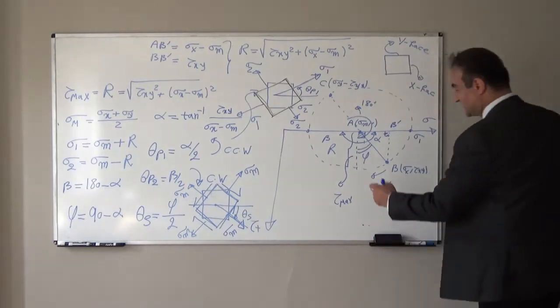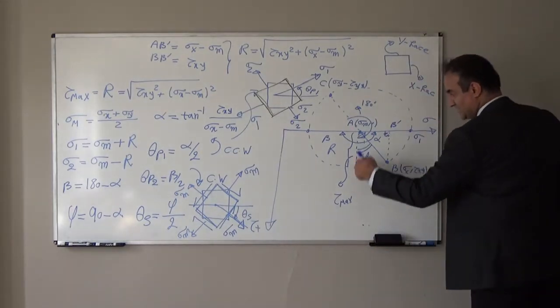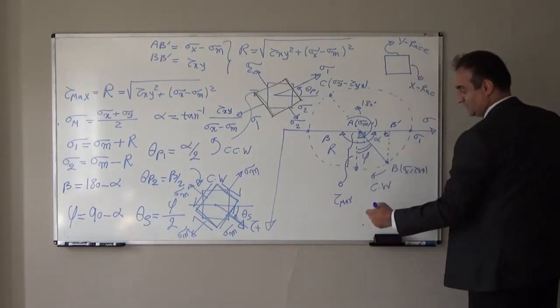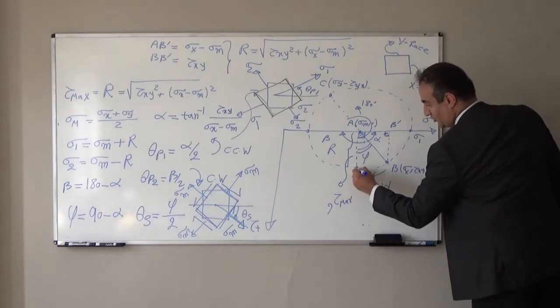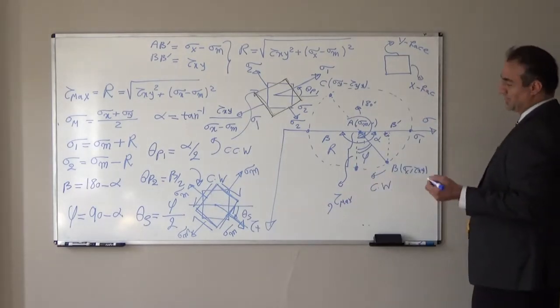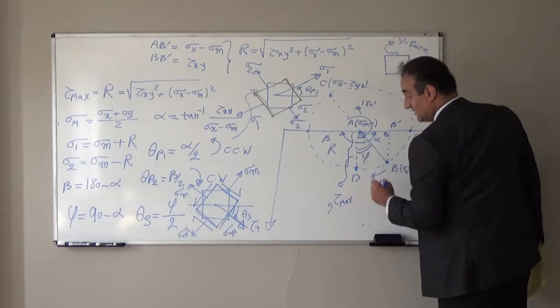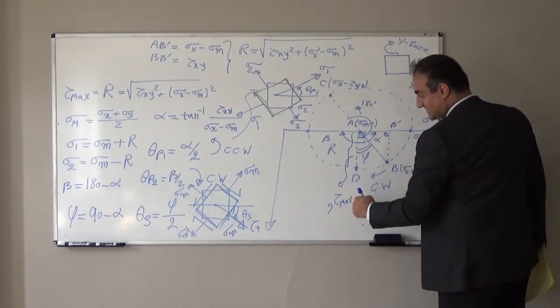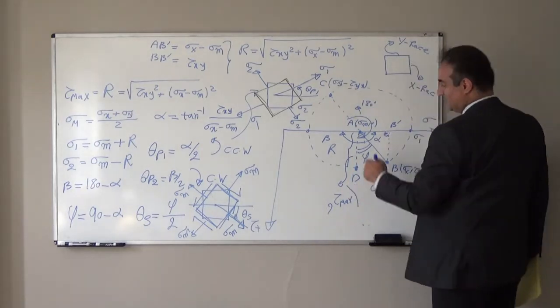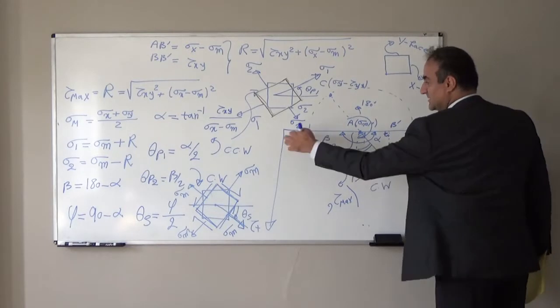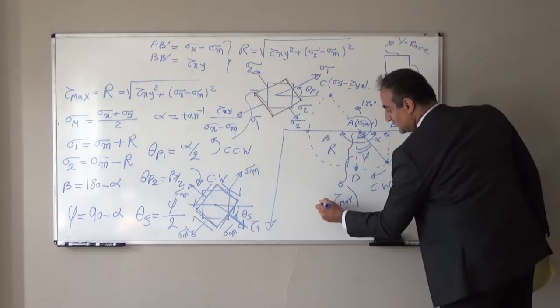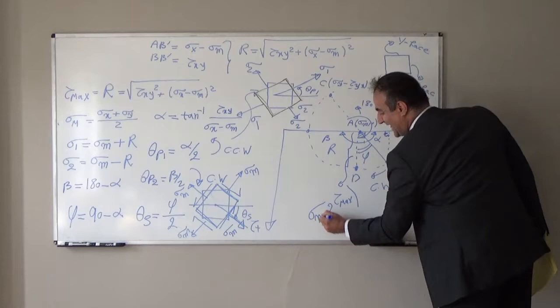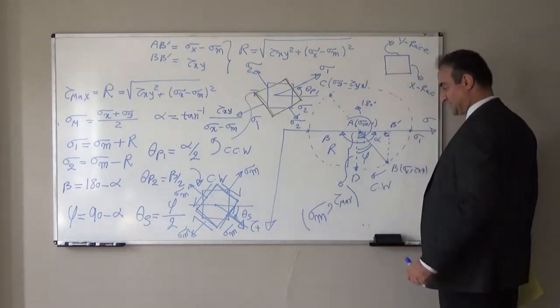Because in this position, shear stress is maximum for this point. If I name this point, for example, D, shear stress magnitude is maximum, and normal stress, from here to here, is equal to the average or mean stress.